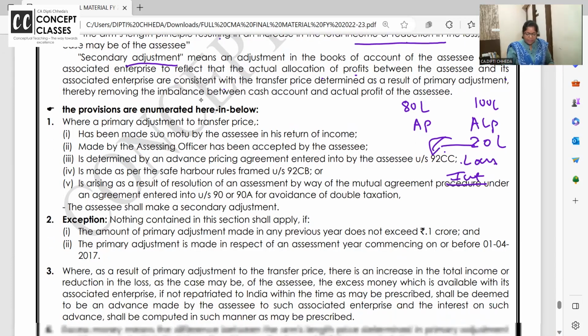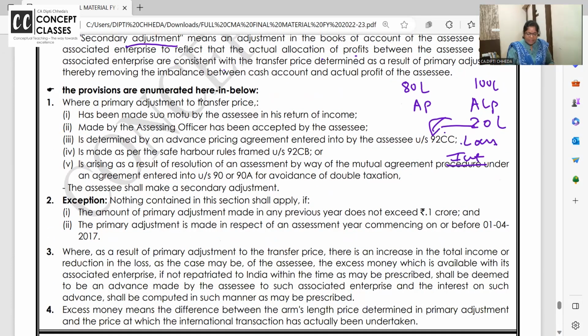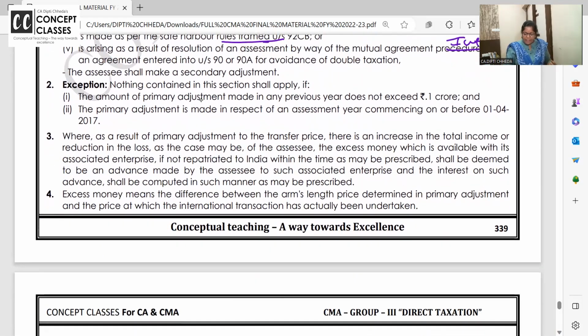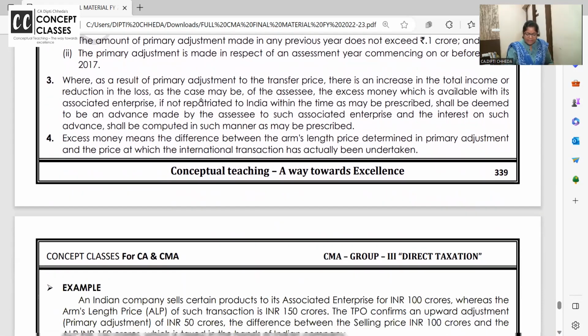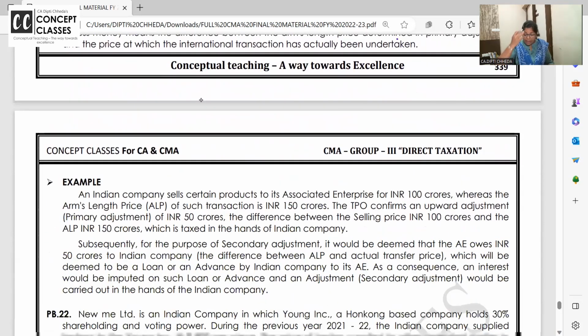So if the primary adjustment is made suo moto, SSC does it itself, or by the AO, or by an advance pricing agreement or safe harbor rules or DTAA effect, then secondary adjustment is necessary. Excess money should be brought to India.